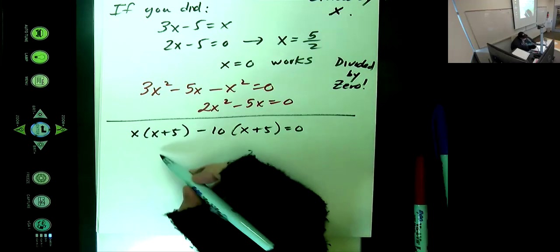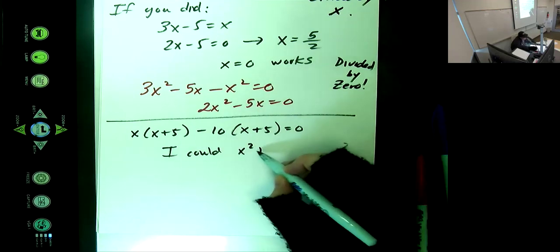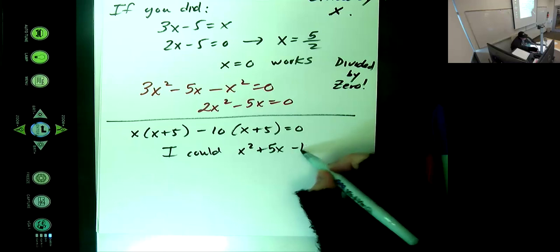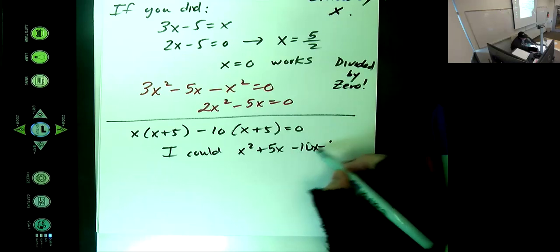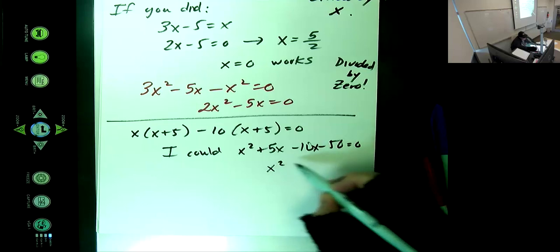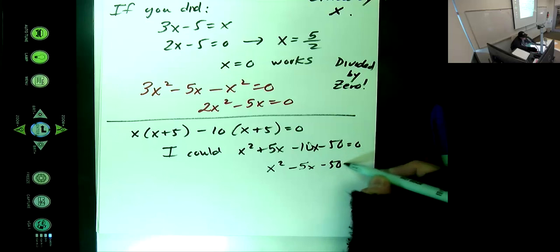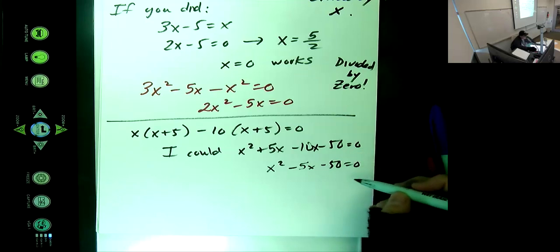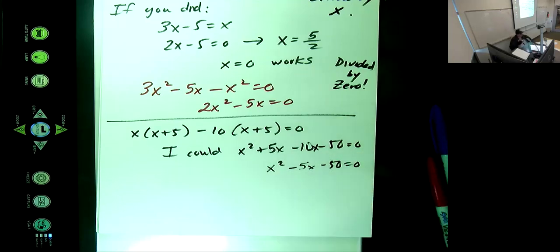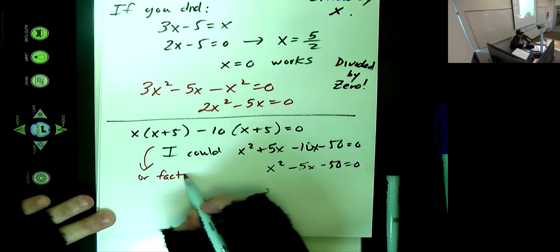I could multiply this out. I got x squared plus 5x minus 10x minus 50, and then I got x squared minus 5x minus 50 equals 0. And it's factorable, but you're already in a semi-completed factoring, or factor out x plus 5.